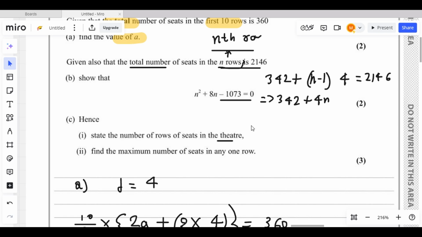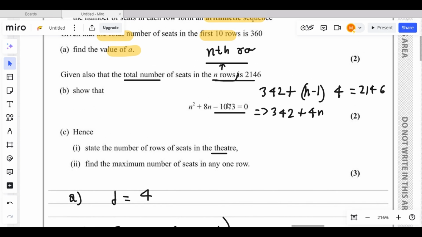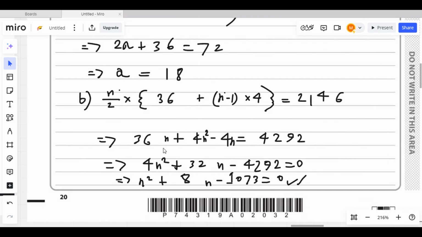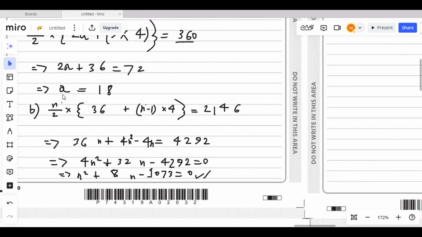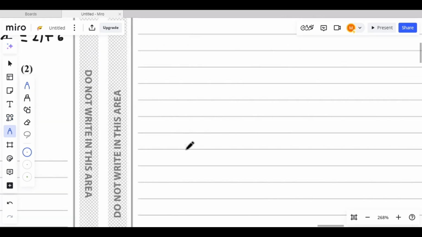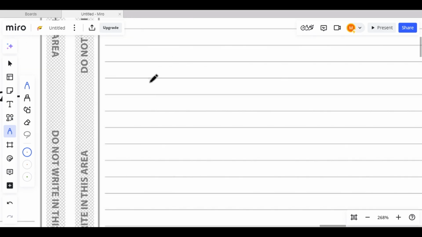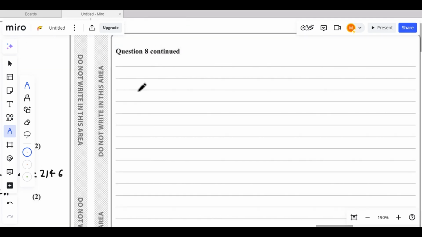So for part C, they asked, hence state the number of rows of seats in the theater. Okay, so we need to find out the value for n. Just solve the equation that we found earlier, n squared plus 8n minus 1073. So if you do so, just use the quadratic formula. n would be what?